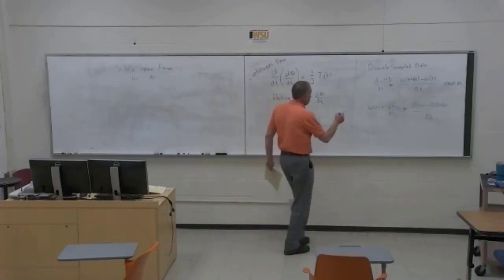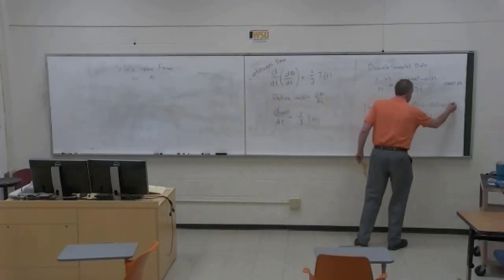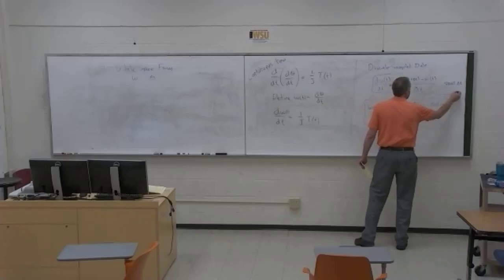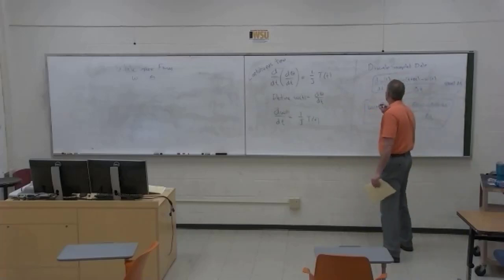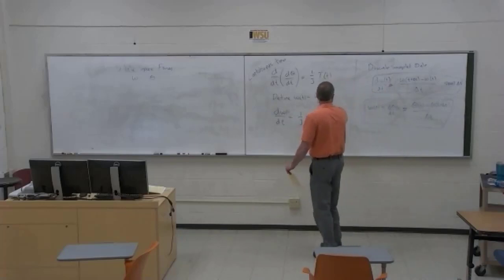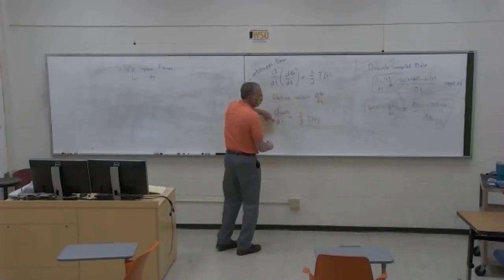So we use this one here. And then we're going to use this one here, set equal to, we're going to plug that in over here into the differential equation.